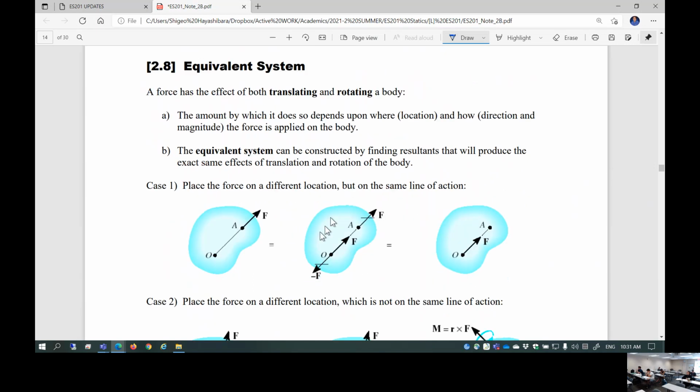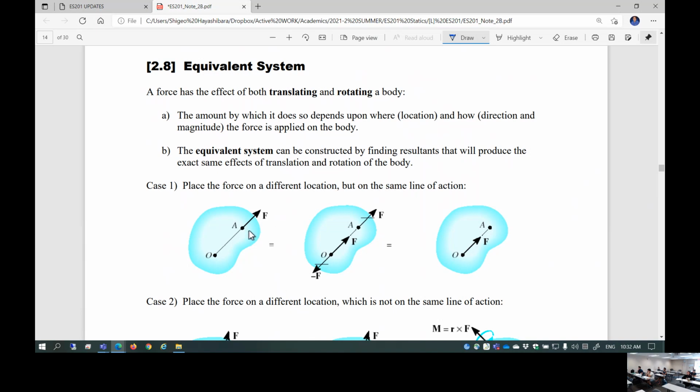In other words, you can put the equal sign. This is some arbitrary body with point O and point A. At point A, you apply the force F in a certain direction. This is the original configuration. Now you can move the force F to point O, and it's equivalent. This body behaves the exact same way.